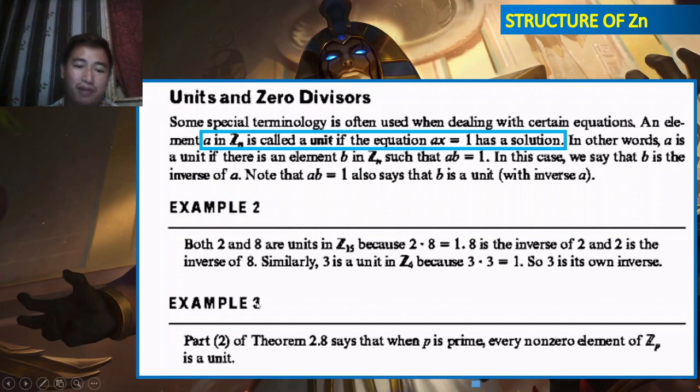Okay, example number 3. Part 2 of Theorem 2.8 says, when P is prime, every non-zero element of Zp is a unit. Theorem 2.8 na part 2. P is prime and then si A kay non-zero.